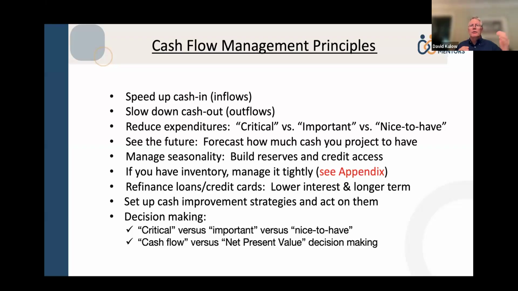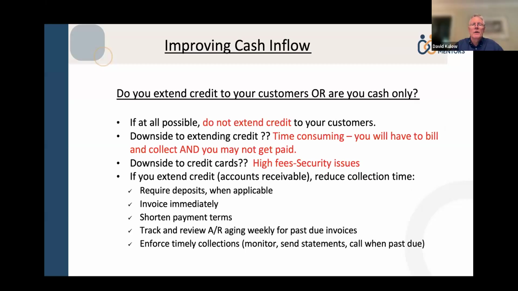That's great in terms of getting that investment done and return on investment. However, if you don't have $1,000, you can't do that investment. So really you have to look at your cash flow versus net present value decisions.